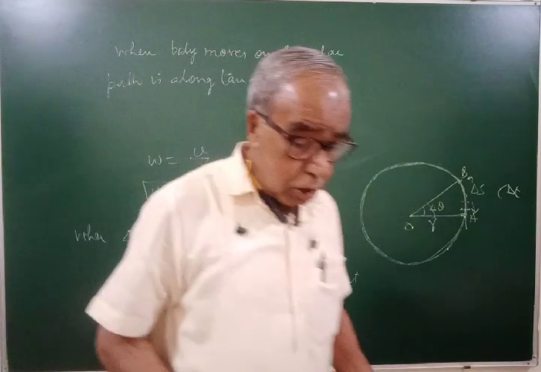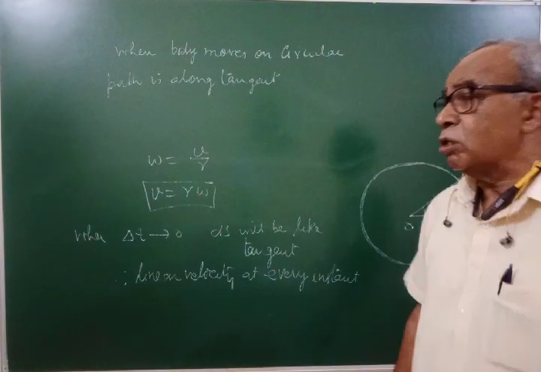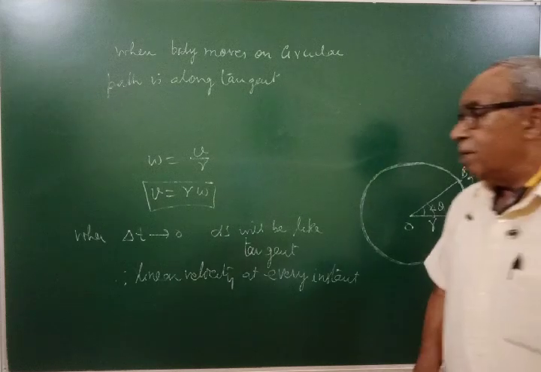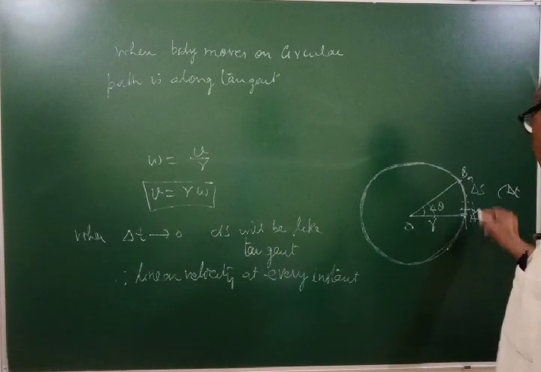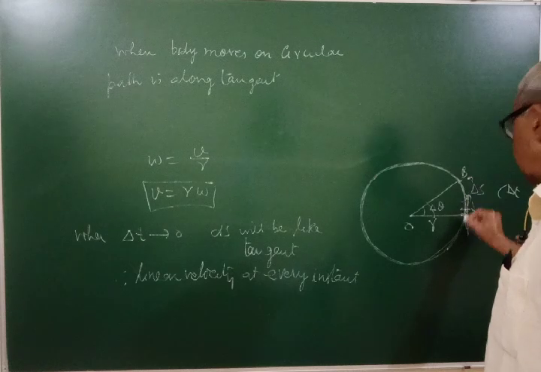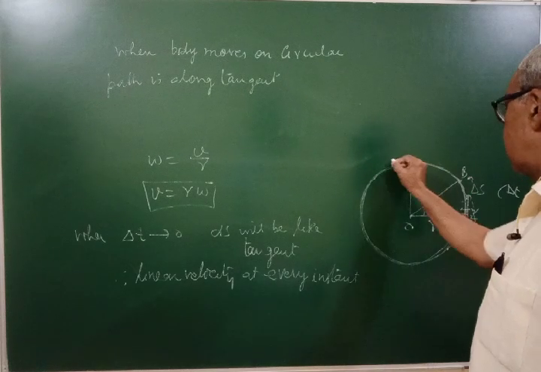So the linear velocity of a body moving on a circular path has magnitude v equal to r omega and direction along the tangent at every point. If it is here, it will be like this.